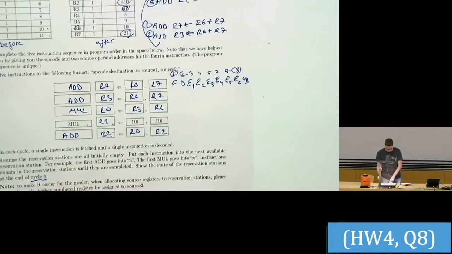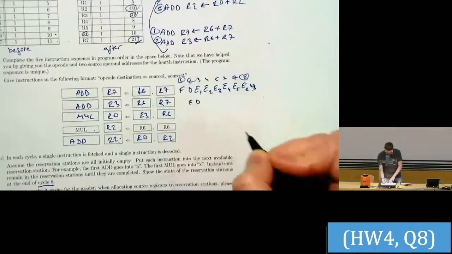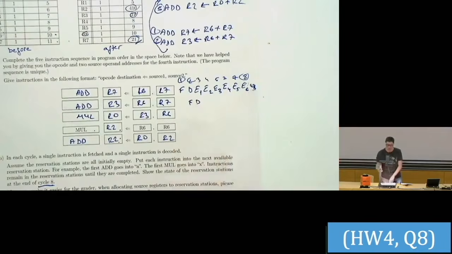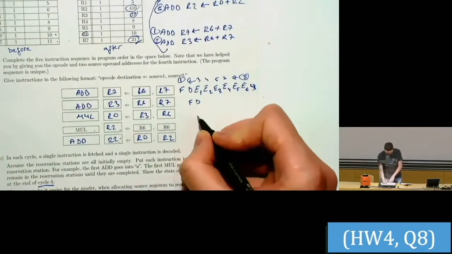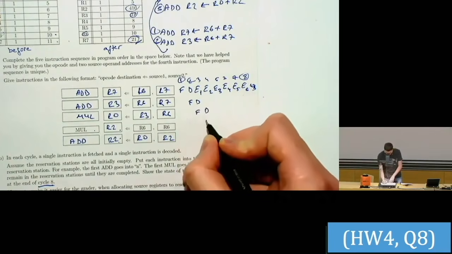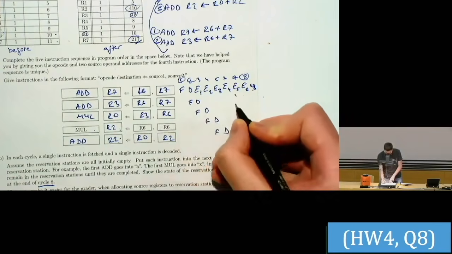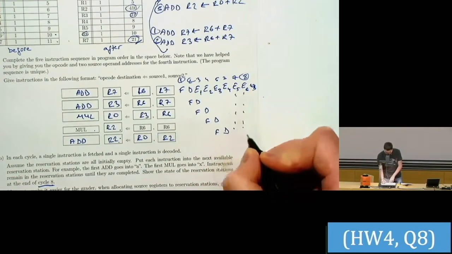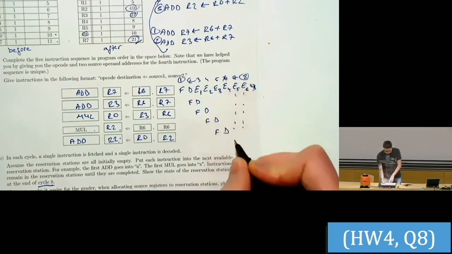But what happens is, until then, if I write it quickly, we have enough time until cycle 8 to fetch and decode all the instructions here. So we can fetch and decode the second instruction, we can fetch and decode the third, the fourth, and the last instruction, right? And we are still at cycle 7 here, so this was 6, right? 7 and 8.